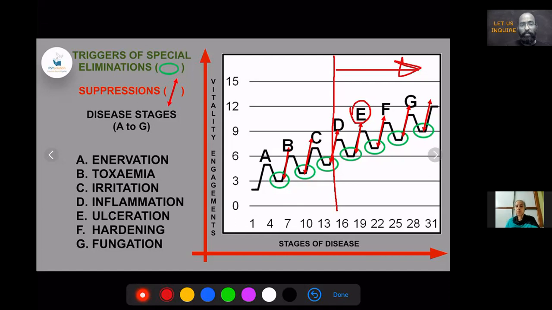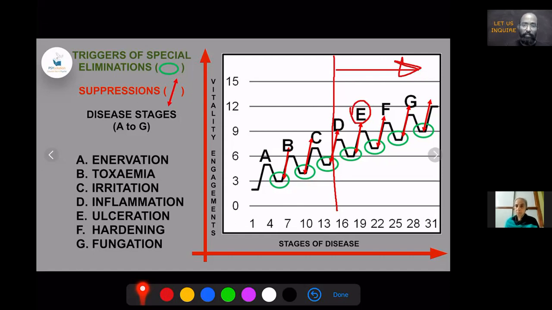Now, if we try to suppress this endeavor also, then the body leads into the hardening stage. This is what is the stonification that we experience. We get to hear about stones in gallbladder, stone in uterus, kidneys. So from where does this stone come? In geography we studied that soil, when it gets precipitated for years, then it becomes stone.